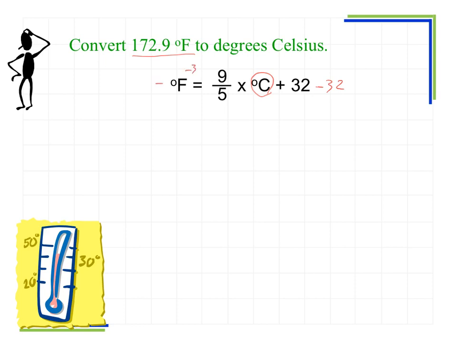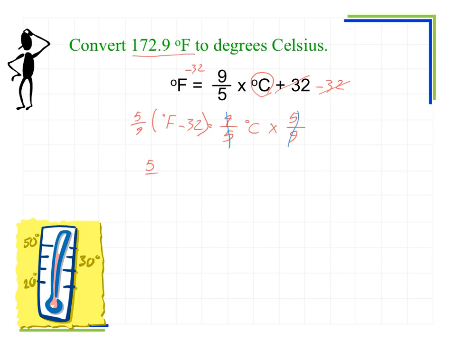Okay, so then we have degrees Fahrenheit minus 32 is 9 over 5 degrees Celsius. Then you want to get rid of the 9 over 5, so if I multiply by 5 over 9, we can cancel these two.